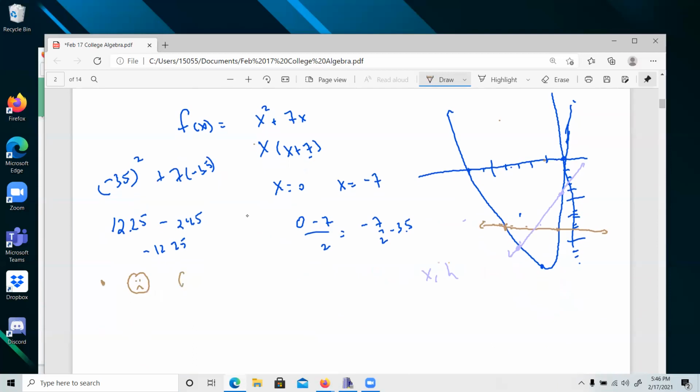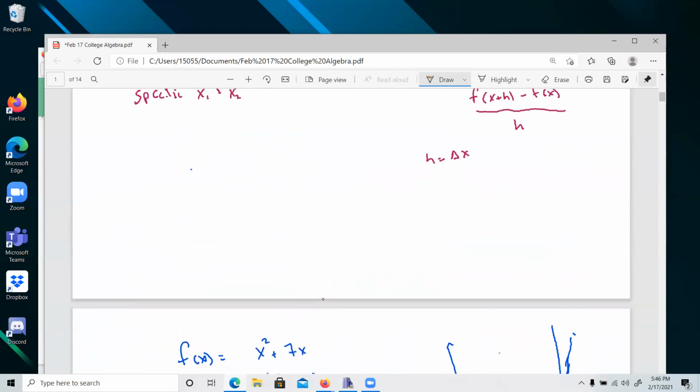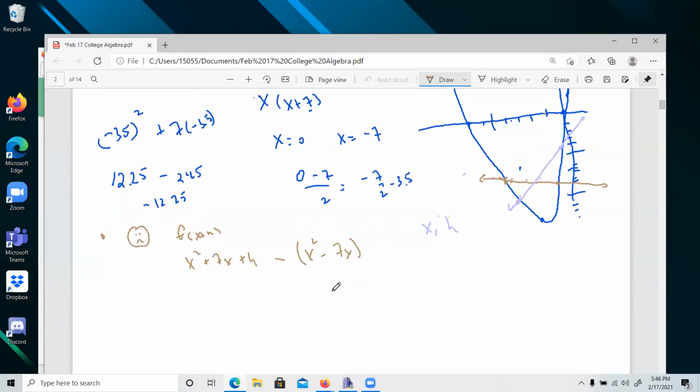They say f of x plus h is x squared plus 7x plus h, minus x squared plus 7x, because that's the next part of the formula, right? And then all divided by h.